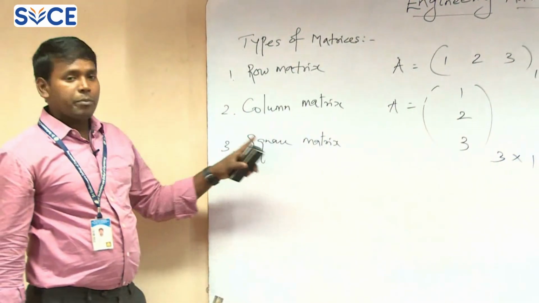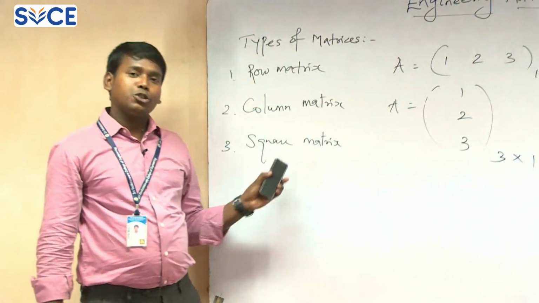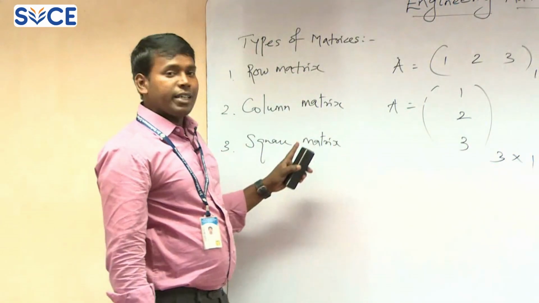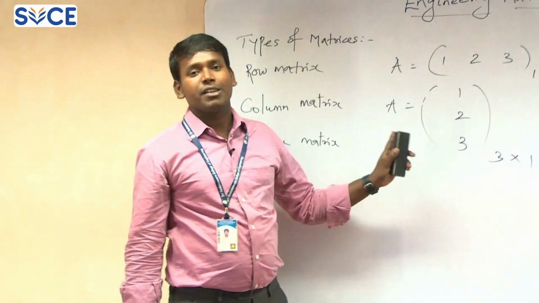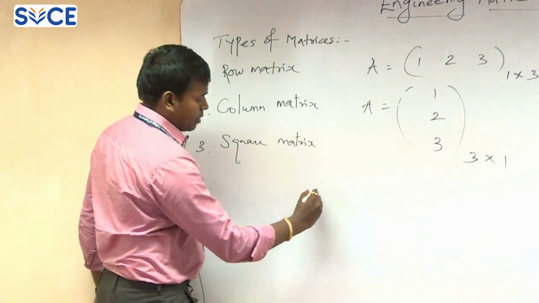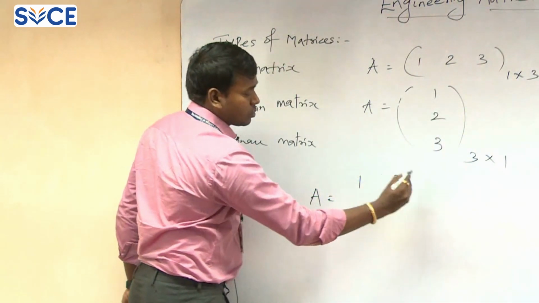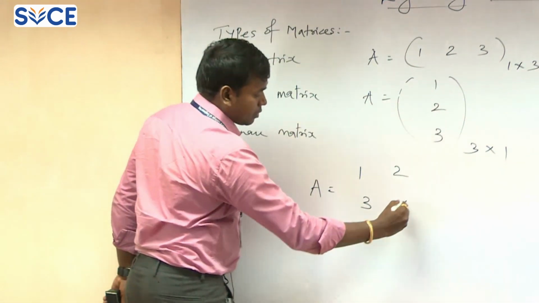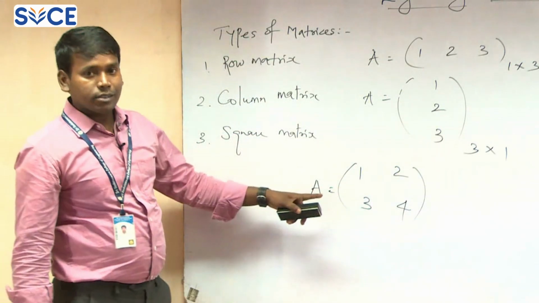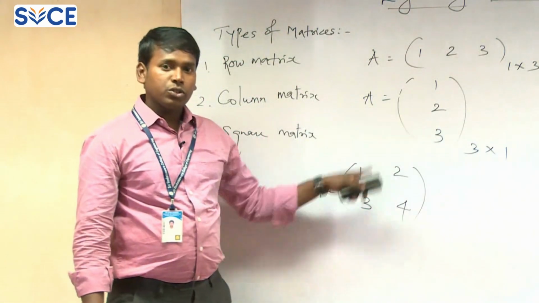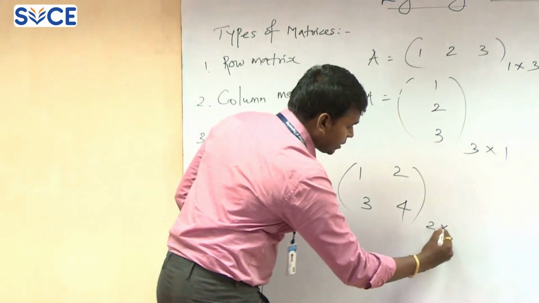Then third one, square matrix. A matrix is said to be a square matrix if its number of rows and number of columns are equal. For example, A equal to 1, 2, 3, 4. So here the order of the matrix is 2 rows and 2 columns, so 2 by 2.